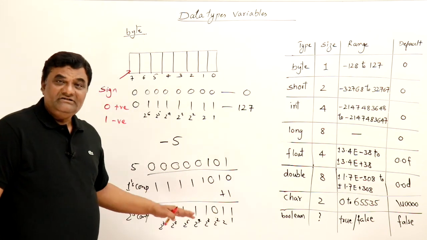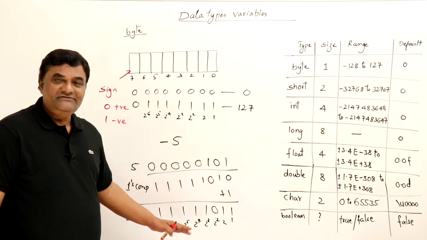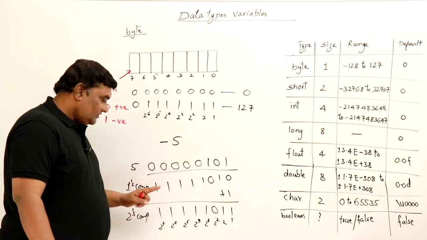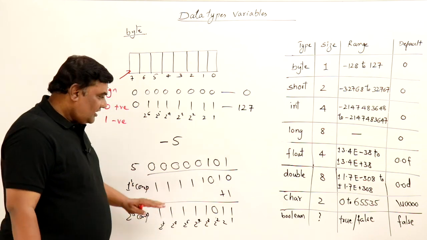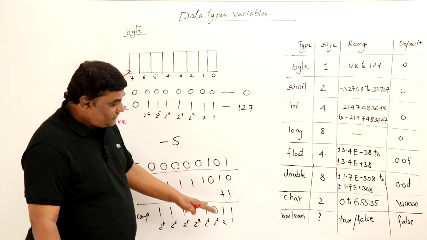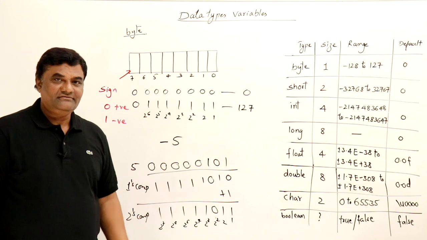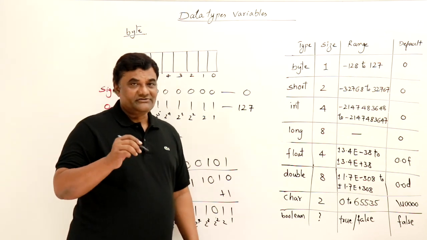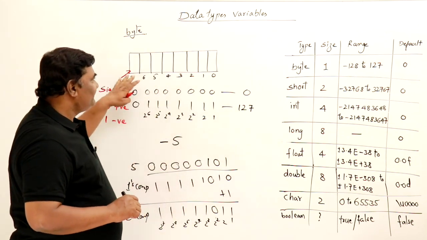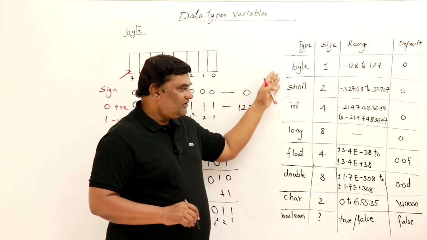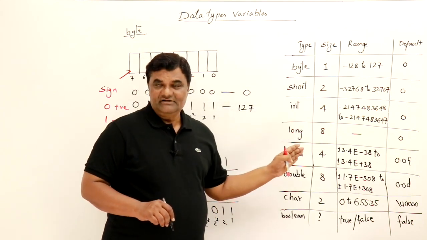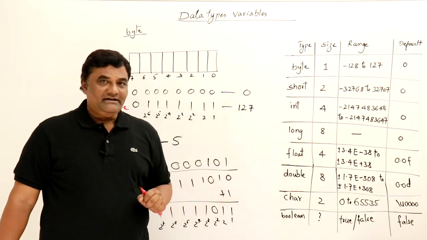Now this is not a positive number, it's a negative number because this bit is 1. So how to get back 5? Again, the 2's complement of this number is taken to get back the value 5. So this is how negative numbers are stored in memory. I have shown you with the example of byte. The same thing applies to all these integral types. So that's all about integral types.